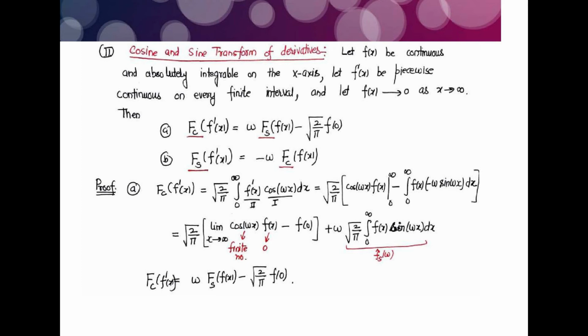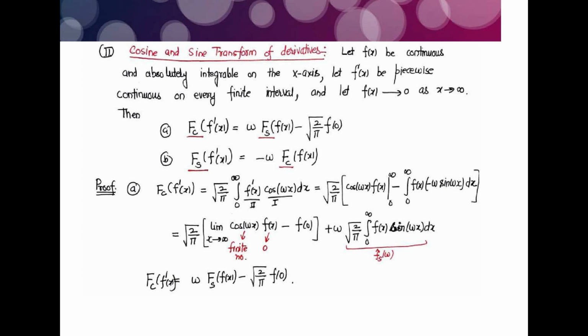I have underlined this. Now coming to this limit part, limit x tends to infinity. When x tends to infinity, cos of wx is going to be something finite, right? But it is given that f of x tends to 0 as x tends to infinity, right? So 0 into something finite is 0. So this limit part is also 0.